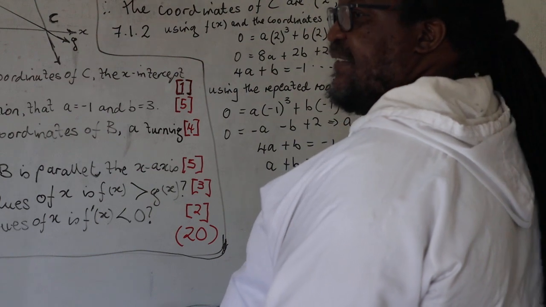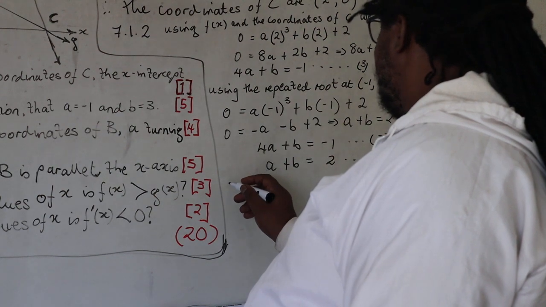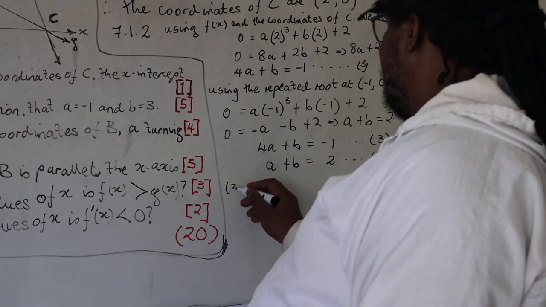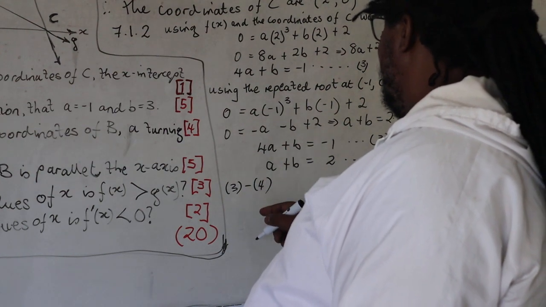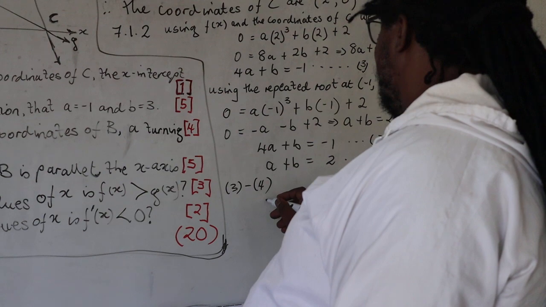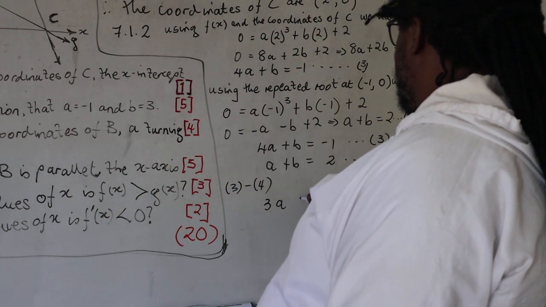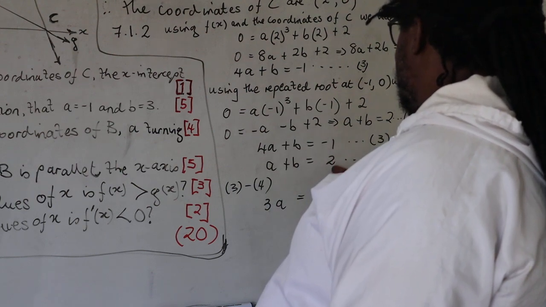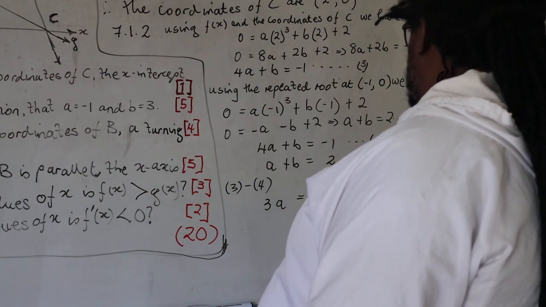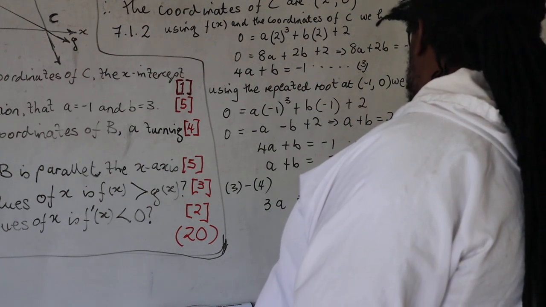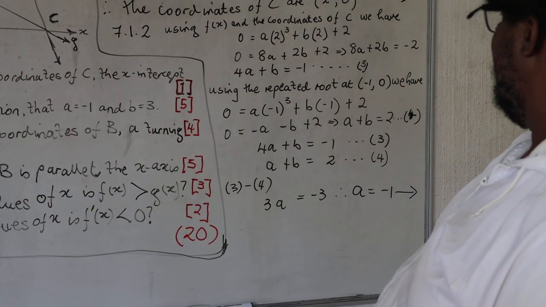Then we solve these two equations simultaneously. To do that, we can start by saying equation 3 minus equation 4. 4a minus a gives us 3a, b minus b gives us 0, and -1 minus 2 gives us -3, and therefore a is equal to -1 as required. And we have shown exactly how that is gotten.